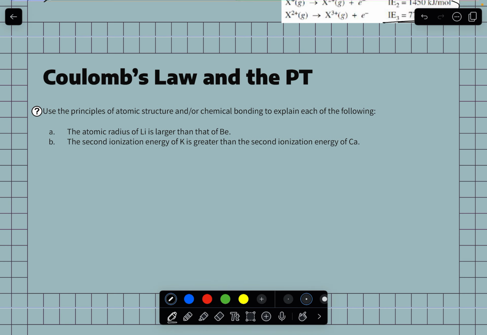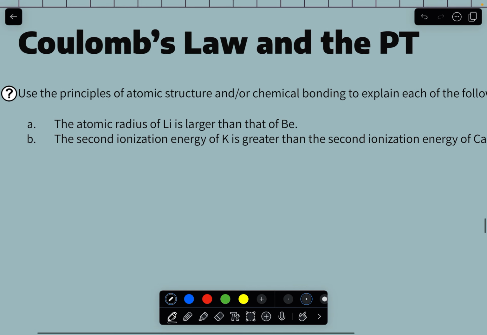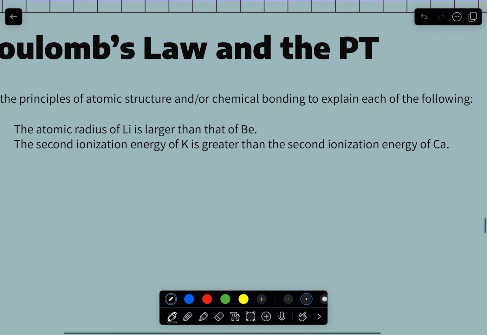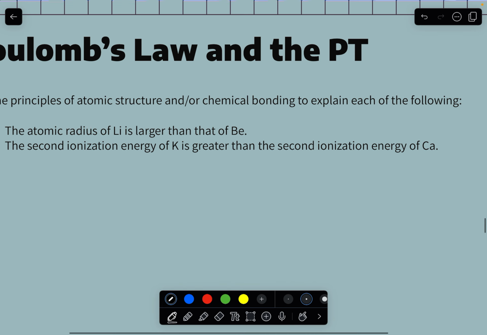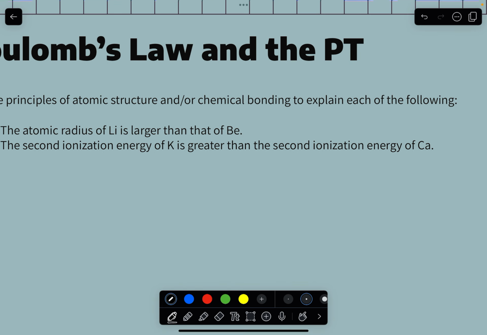All right, with this question here, this is something similar to what you might see on an AP test. Using the principles of atomic structure and/or chemical bonding, explain each of the following. The atomic radius of lithium is larger than beryllium, and the second ionization energy of potassium is greater than the second ionization energy of calcium.